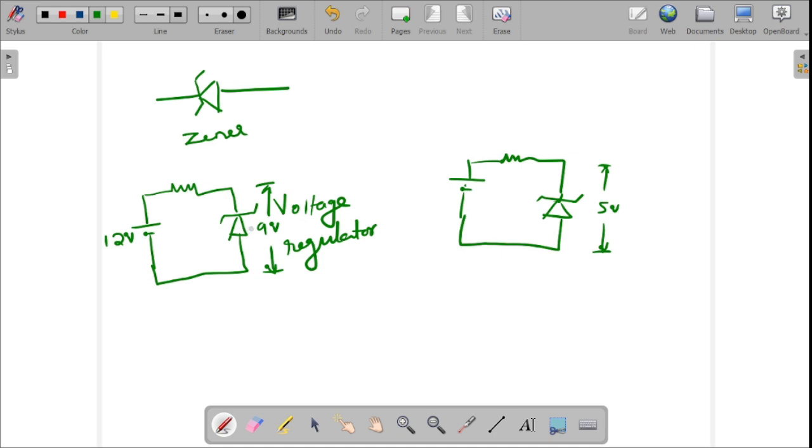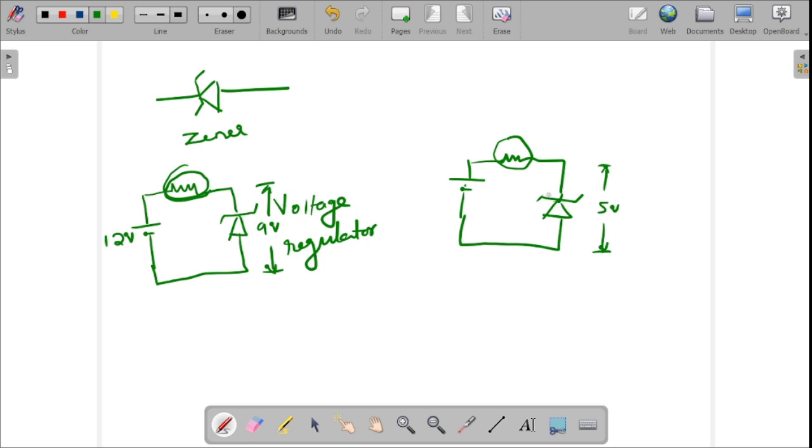And one more thing, you can have a doubt about why we are using a resistor. Generally, you need to study the data sheet of the Zener diode. Sometimes the source current might be higher than the withstanding current capability of the Zener diode.